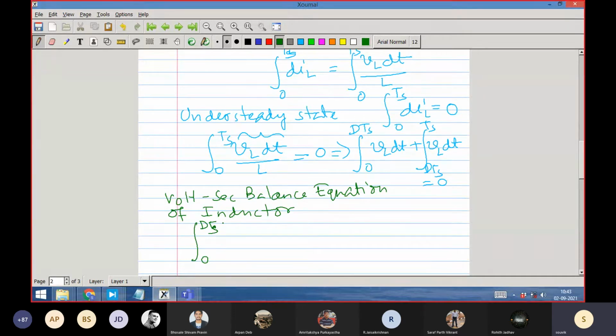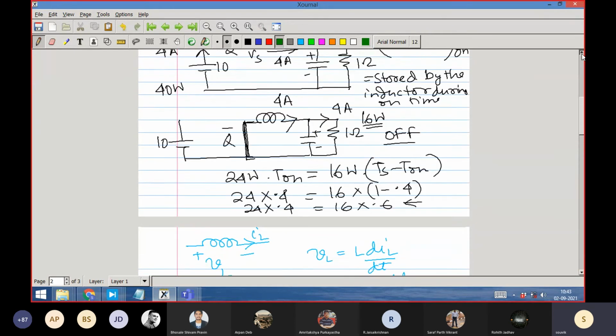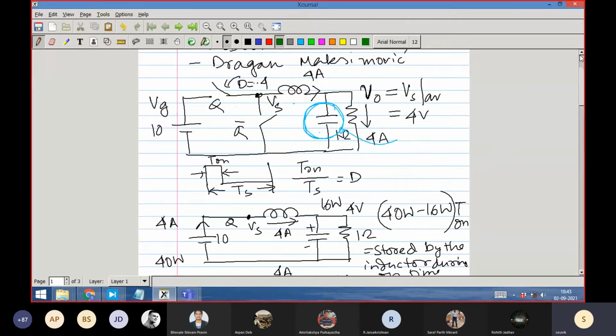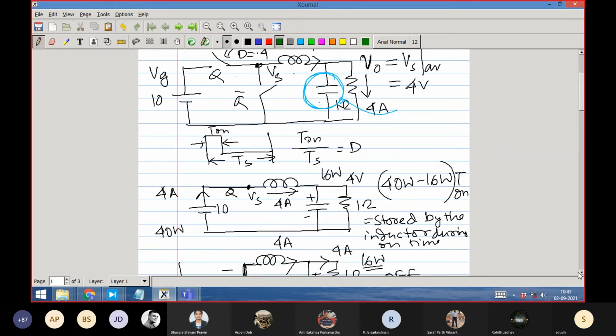What should be the expression in terms of variables? We give some names: the input is VG, and the output voltage is called V0. So when the switch is on, what is the voltage across the inductor?